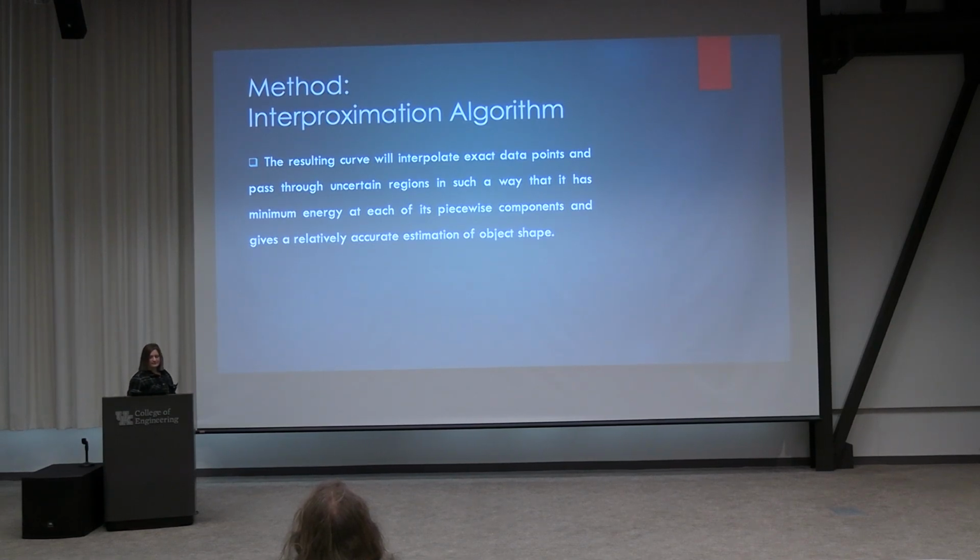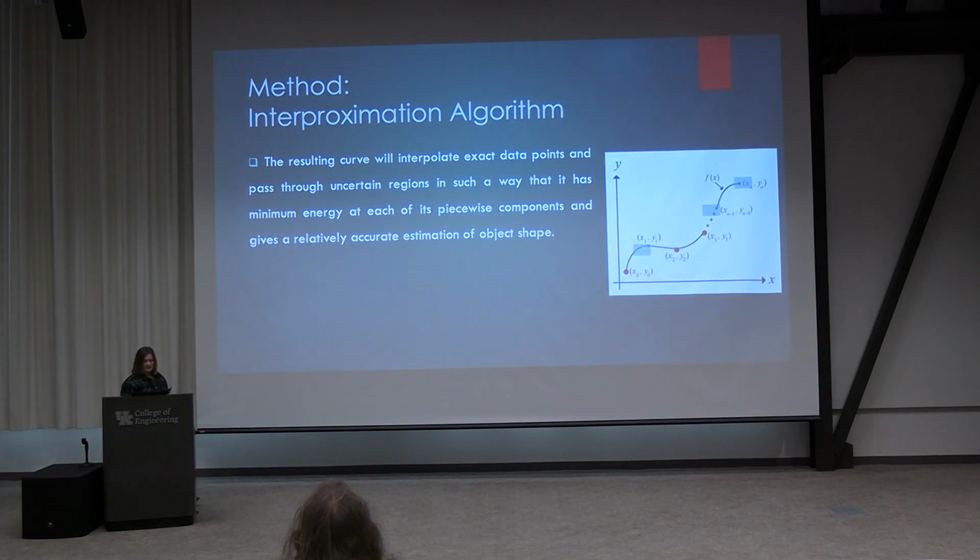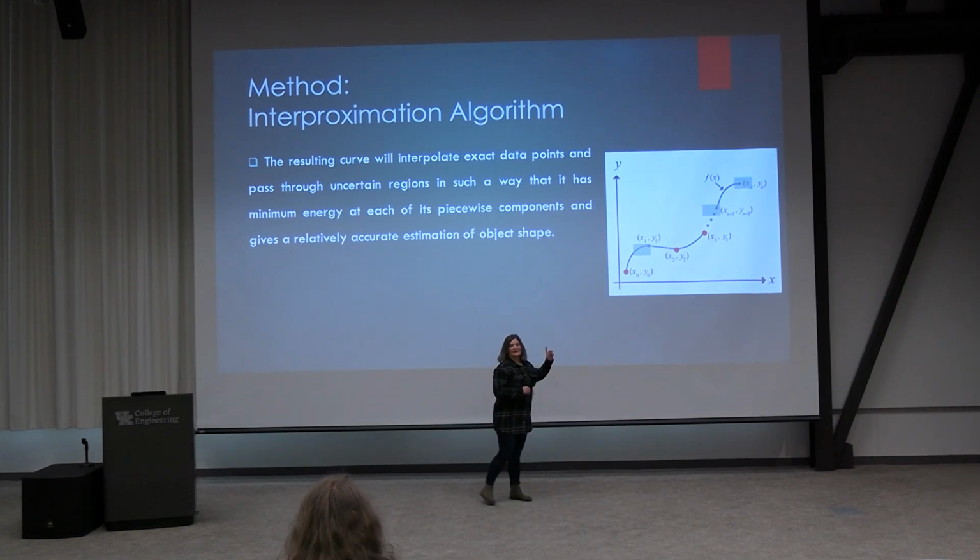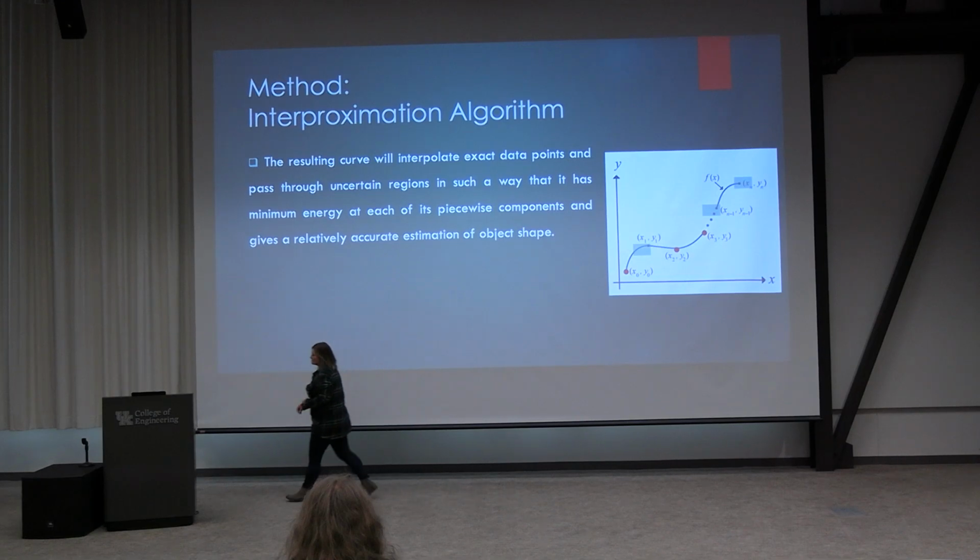It will pass through those regions in a way that it will minimize the energy of the curve for each of its piecewise curves. So here the red dots represent my exact points, and the green boxes represent my uncertain regions, and that curve will pass through those exact points and through the regions in a way that the energy of this curve is minimal.